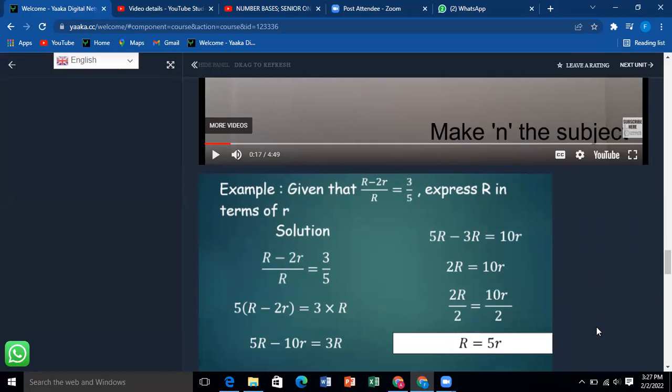So what we do, we just as well do the cross multiplication and collect like terms. And after that, we make sure we remain with capital R on the left-hand side. So what we are going to do is just simple.